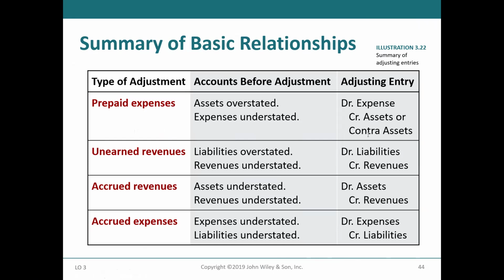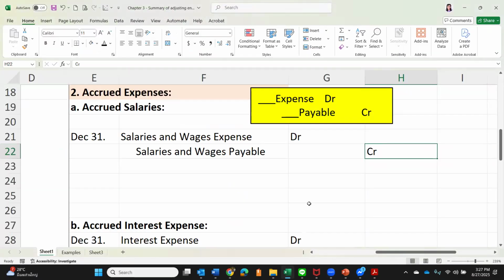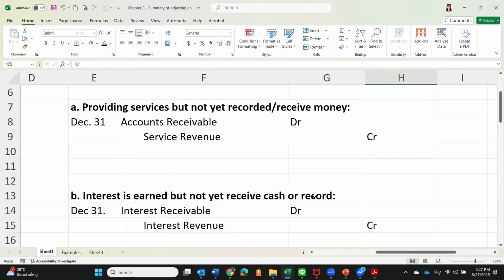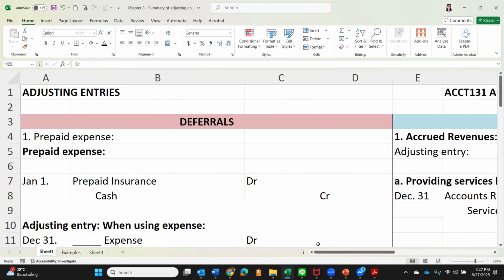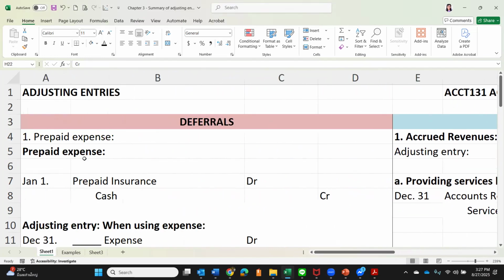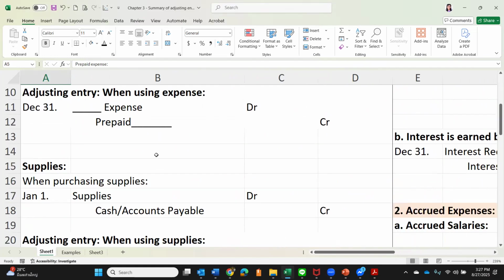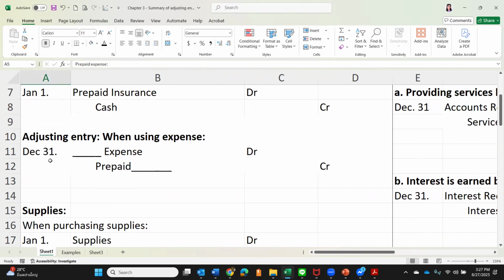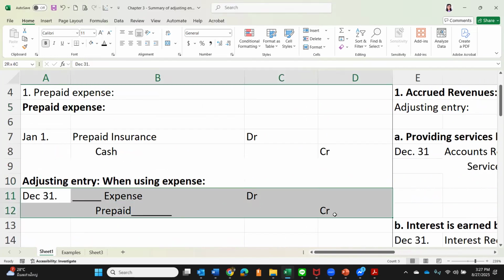All right, so these are all the adjusting entries of chapter 3. So let's review again. For chapter 3, there are two types of adjusting entries we have, deferrals and accruals. Deferrals include prepaid expenses, right? So when we use the expenses that we already prepaid previously, the adjusting entry is that we will debit expense and credit prepaid expenses.